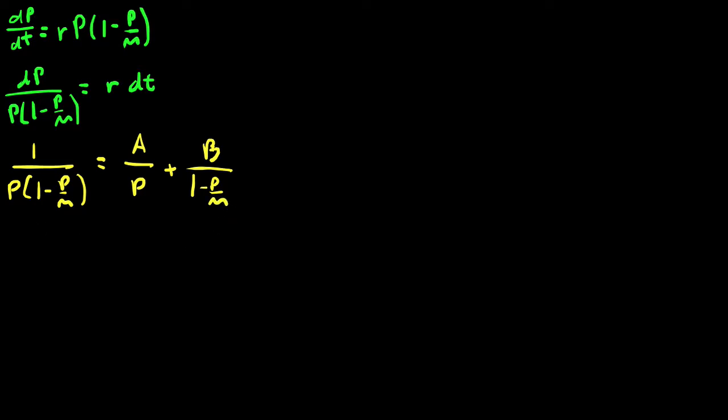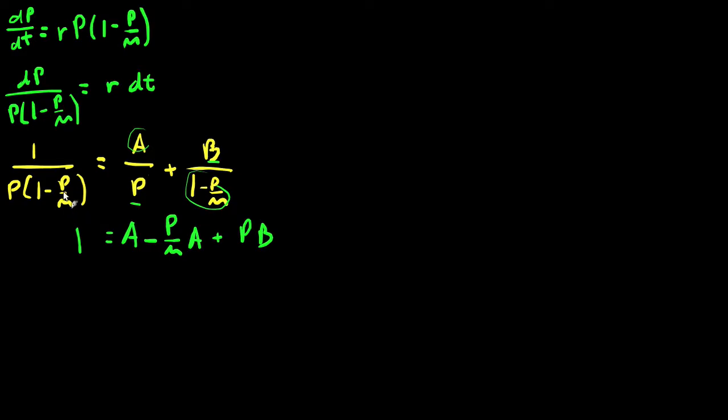And the method for that is I will multiply them by the missing factors. So I will multiply this to A, and I'll get A minus (P/M)A. And I'll multiply this to B and get plus PB. And all this has to equal this value of 1.